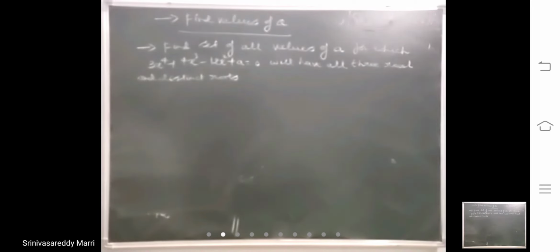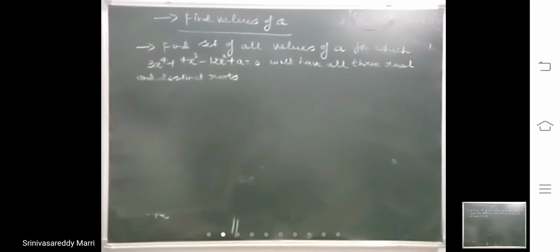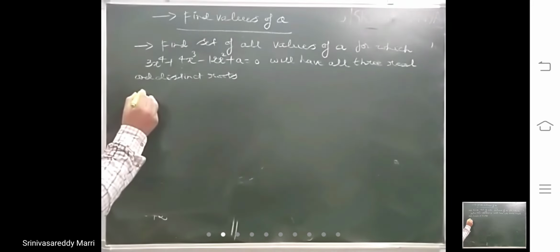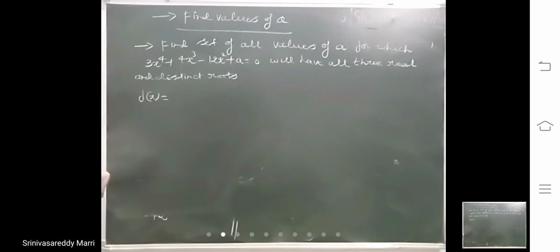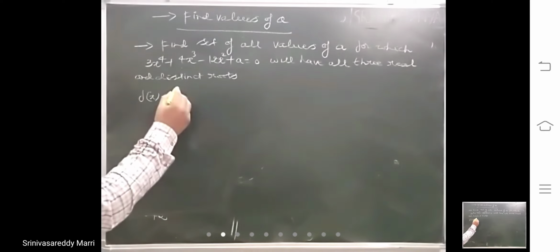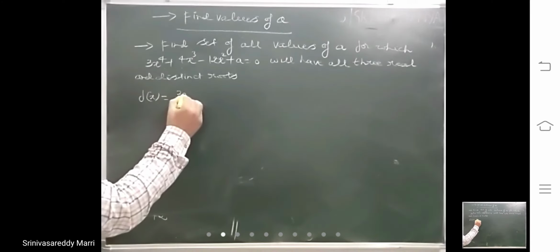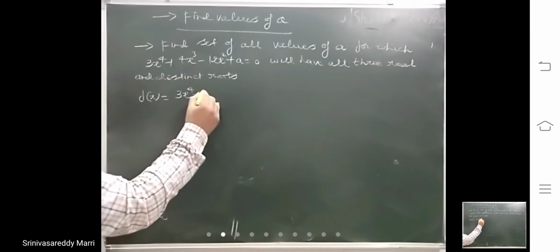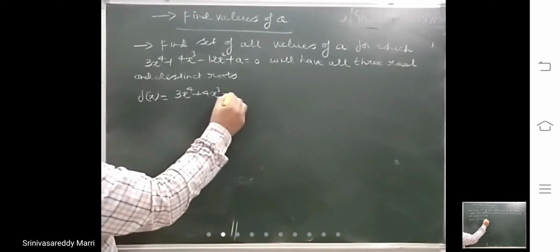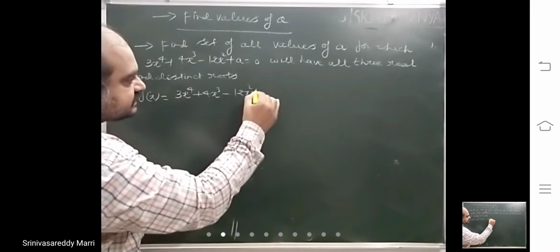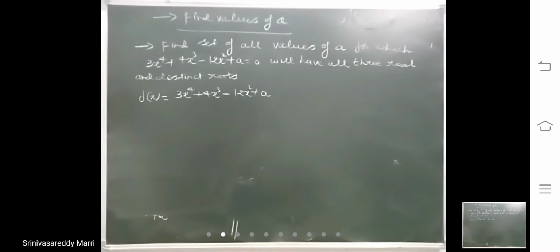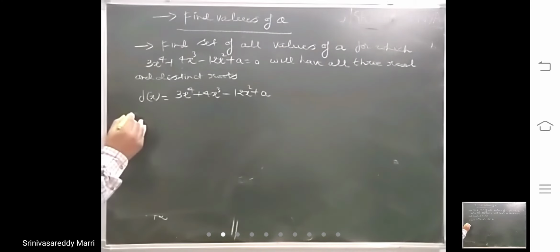Look at this. So that means he is clearly telling that it intersects three times, right? Now construct the graph. Take f of x equal to this equation, 3x to the power 4 plus 4x cube minus 12x square plus a, right? I am going to construct this graph.